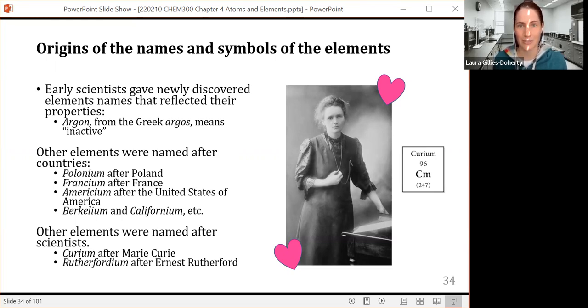It was only through him that she was able to get access to a lab and the materials she needed. For quite a while, her lab was in the garden planting shed next to the chemistry building. She wasn't allowed to have a lab inside the building for many, many years. Despite all those challenges, she was able to overcome and continue her work, and was really one of the parents of our understanding of nuclear chemistry and radioactivity.